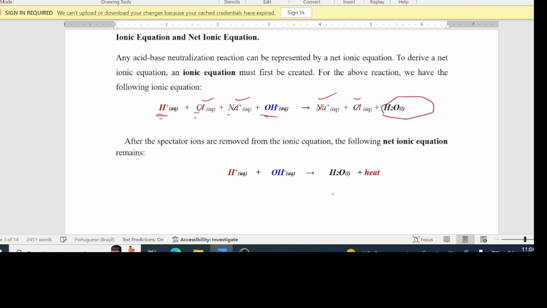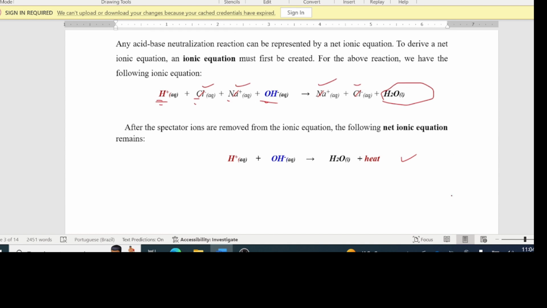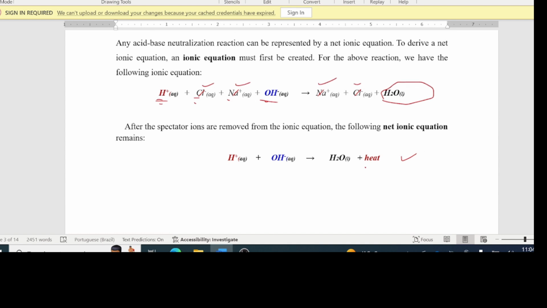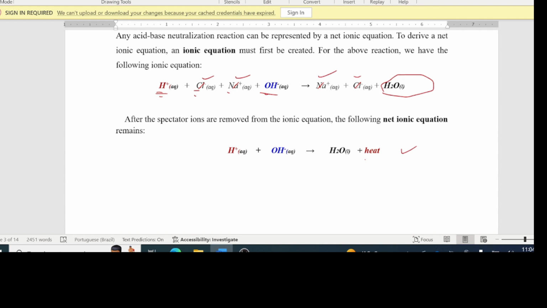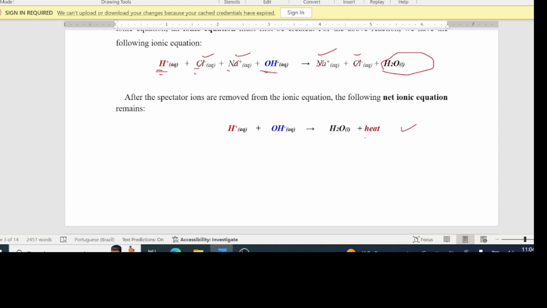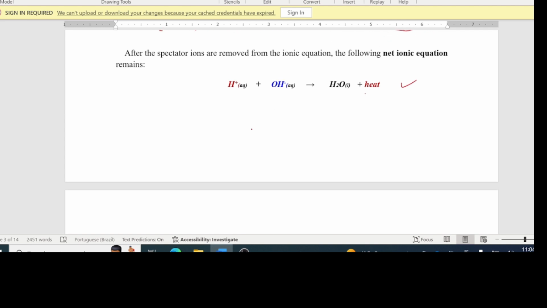So this is your net ionic equation here. That's what you get there. You get a little bit of heat, called heat of neutralization. That's your enthalpy change there. In grade 12 chemistry you will talk about enthalpy of neutralization. That is happening when these OH and H react together to form a molecular compound here, and energy is being produced.